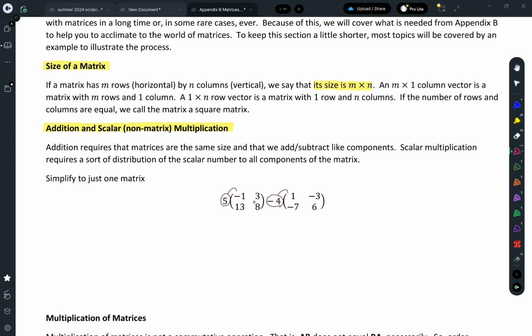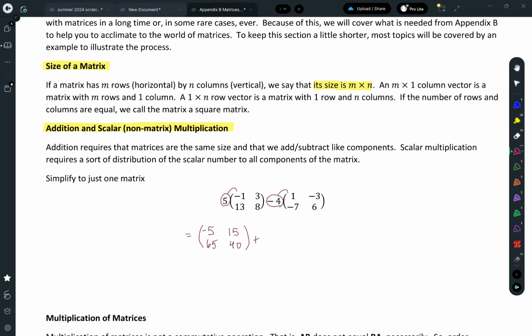When I distribute the 5 through, I end up with a new matrix whose components are -1 times 5, which is -5. 5 times 3 is 15. 5 times 13 is 65. 5 times 8 is 40. And then plus, I'm going to distribute the -4.